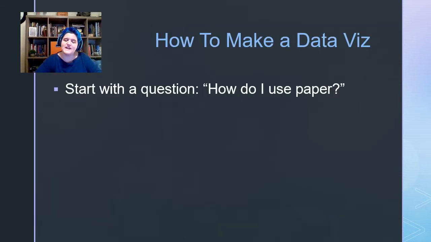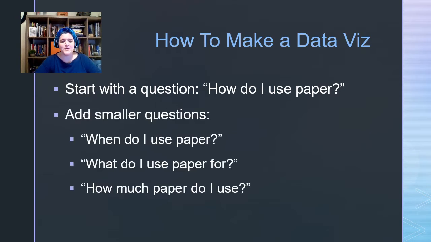All right, so let's talk about how to make a data visualization. You should get out your tracking of how often you use paper that you did in the last week. And the way to make a data visualization is to start with a question. For example, you could start with the question, how do I use paper? Just for instance. And then you add some smaller questions within that question.